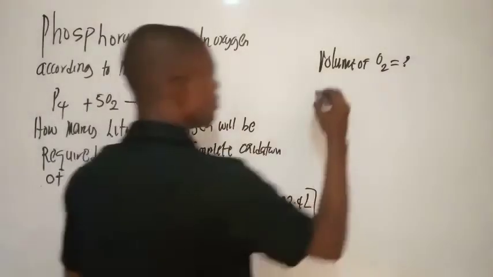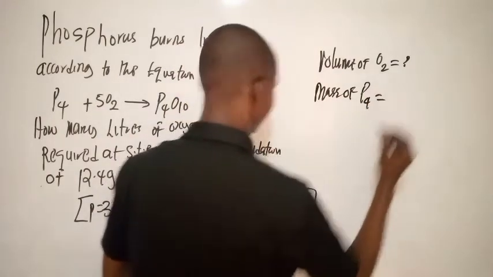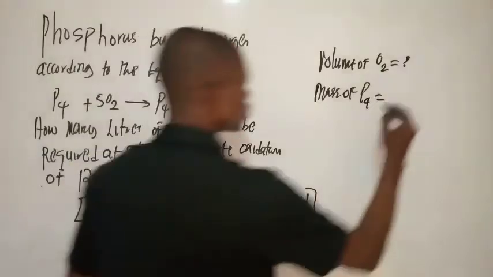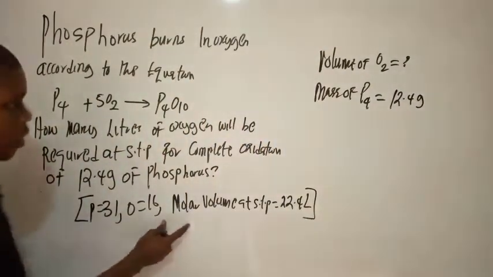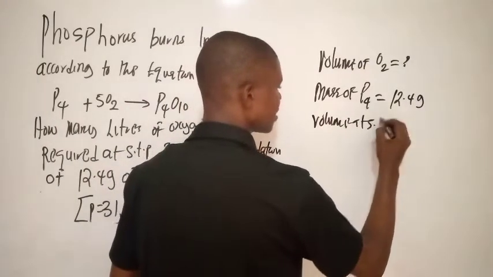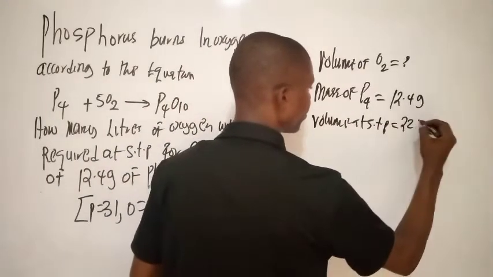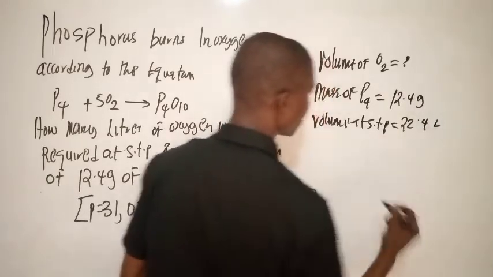So the mass of P4 is given to be 12.4 grams. They also give us the volume at STP to be 22.4 dm³, or liters. Liter and dm³ are the same thing.